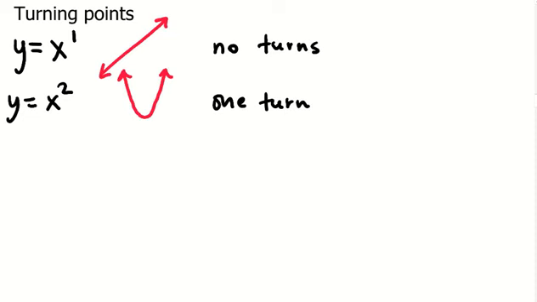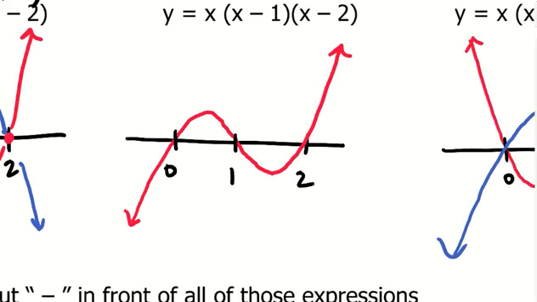Okay, y equals x to the third. Well, we can see that doesn't really have any turns. Remember, it got flat and then it kept increasing. But we do have that other one. This one. Okay, here I see 2 turning points. Okay, so I'm going to copy that.